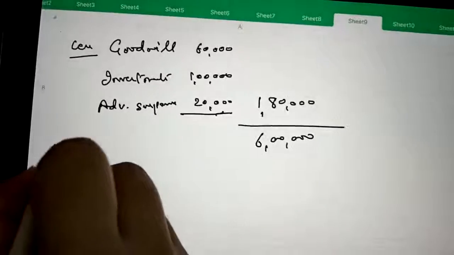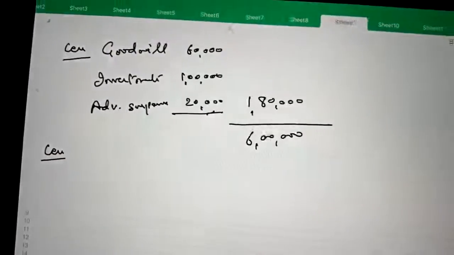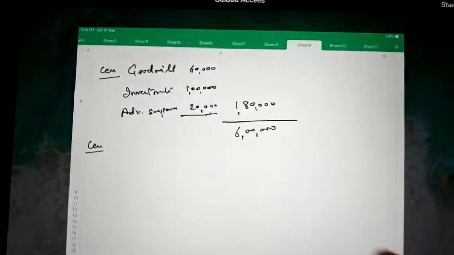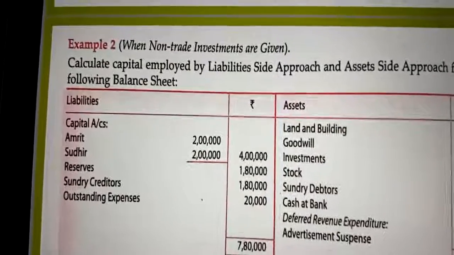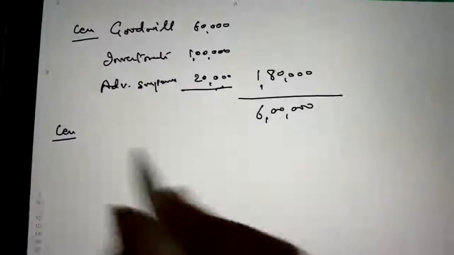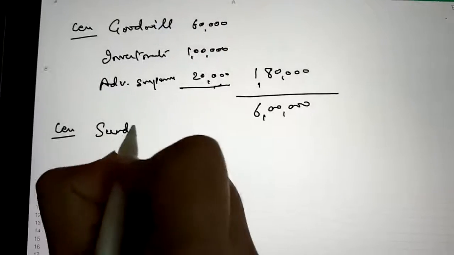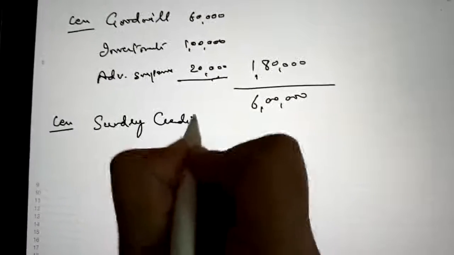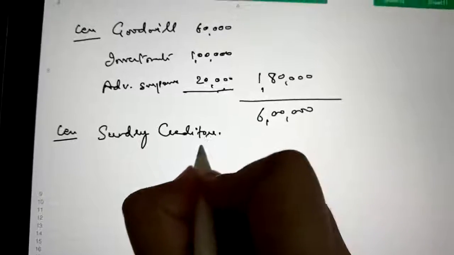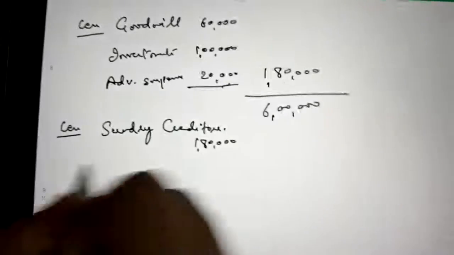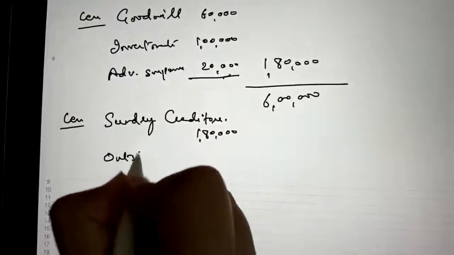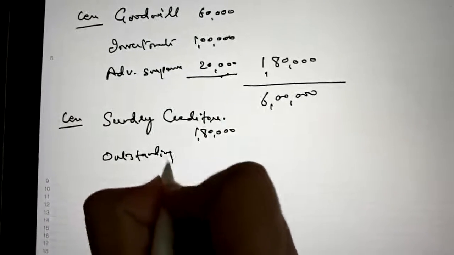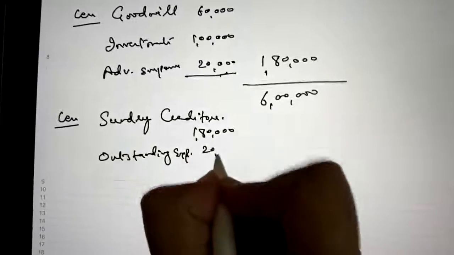Then we will deduct outside liabilities, and outside liabilities consist of sundry creditors 1,80,000 and outstanding expenses 20,000 given to us.